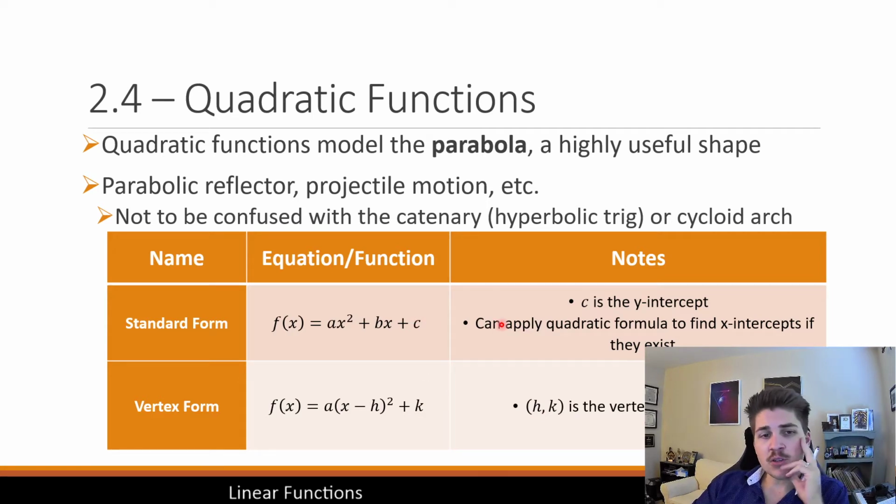Another useful reason to write it in standard form is because of the quadratic formula. This is a formula I assume you guys remember, but I'm not assuming you have it all memorized. We're going to review the quadratic formula in great detail, so don't get worried.